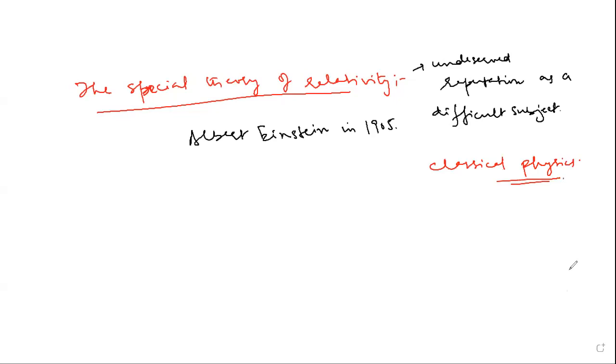We need to first understand that. So there must be some shortcomings of classical physics. So we discuss those shortcomings, then we will be discussing how those shortcomings or deficiencies of classical physics are addressed by the special theory of relativity.